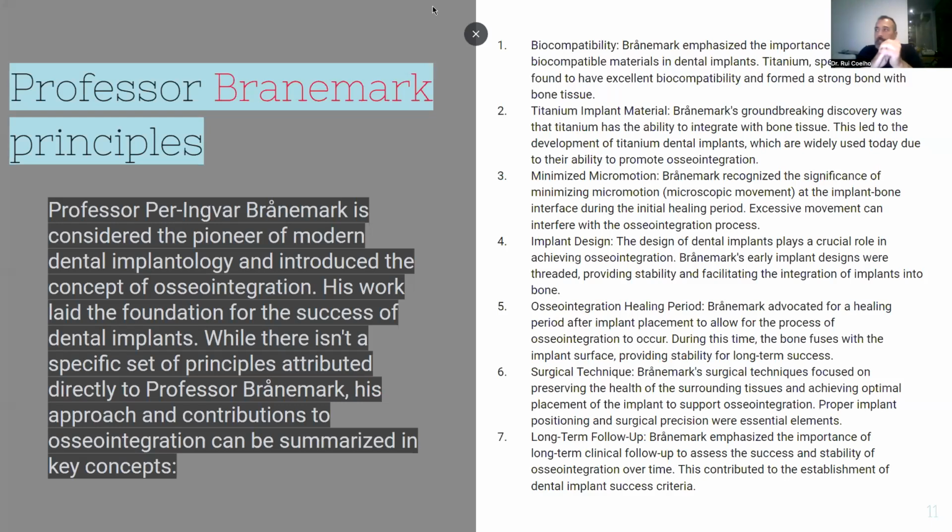In our case, we have tried to look for the main reason for implantology being a success as we have it today. It was what Professor Brånemark described.